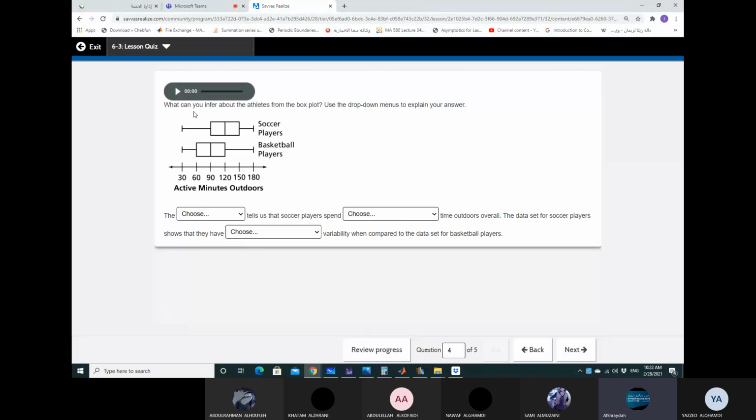Let's see the fourth question here. What can you infer about the athletes from the text? So here we have the median tells us that soccer players spend more time outdoors, and the data set shows that they have an equal amount of variability, as you can see. Variability, yes, equal amount of variability. Okay.